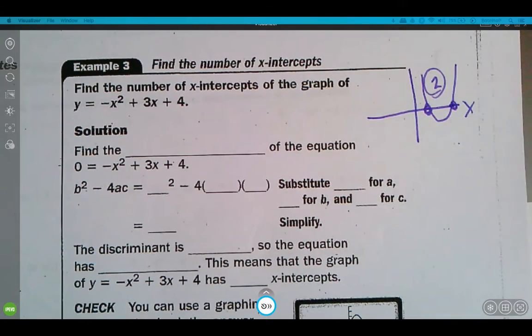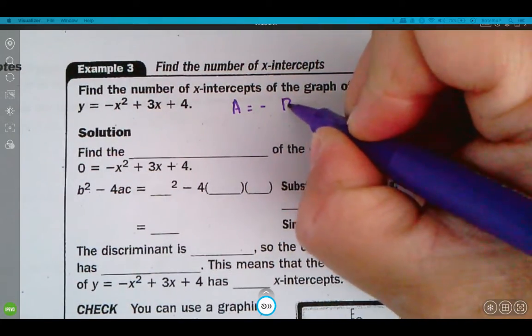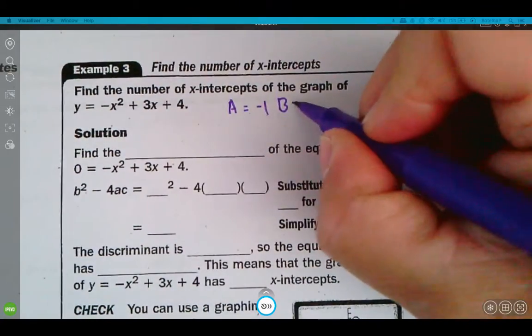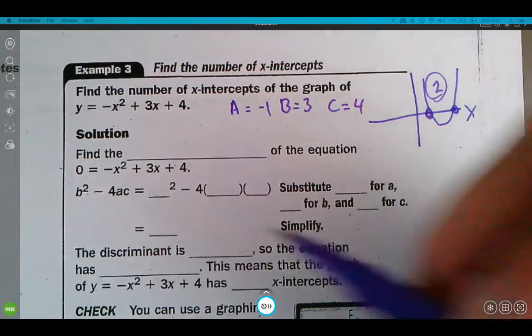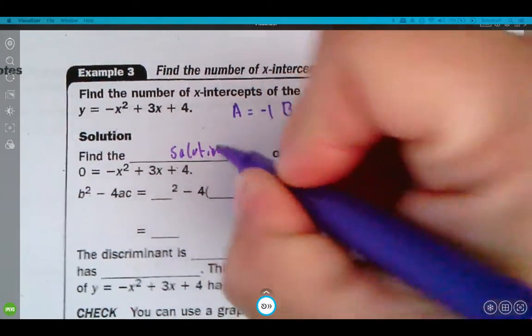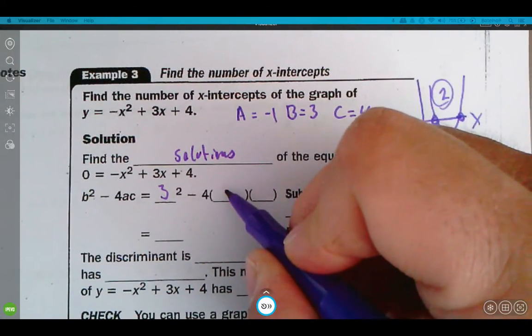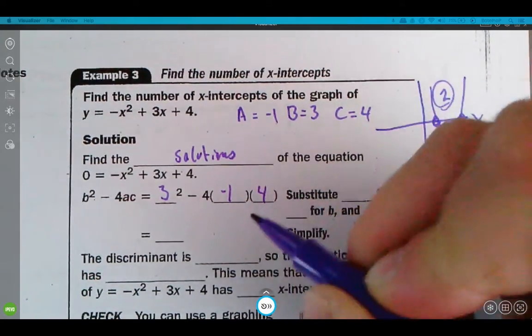So let's do it. I'll write the A, B, and C here for this one. A is -1. B is 3. And C is 4. All right, find the solutions of the equation. So I put into the discriminant 3 squared minus 4 times -1 times 4.